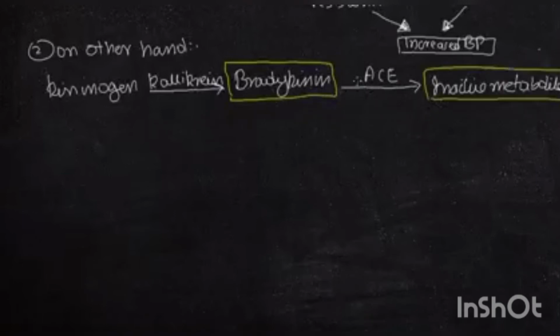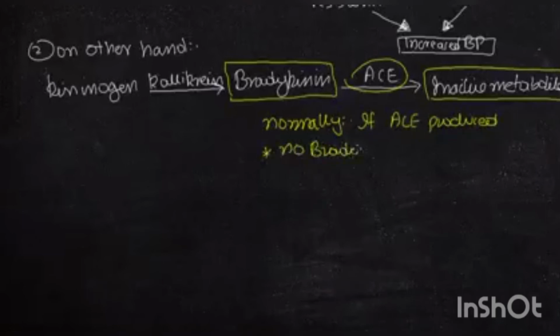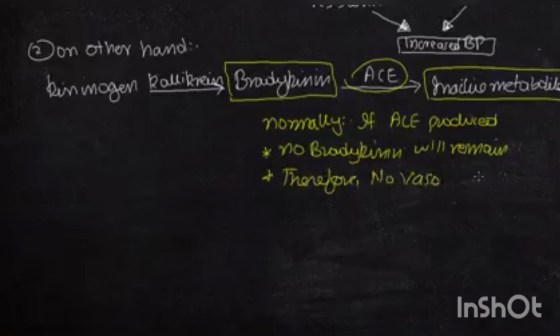So we have two main mediators here. Normally, metabolism of bradykinin takes place and there is no decrease in the blood pressure. In increased blood pressure, we need this bradykinin to remain inside the body so that vasodilation can take place.